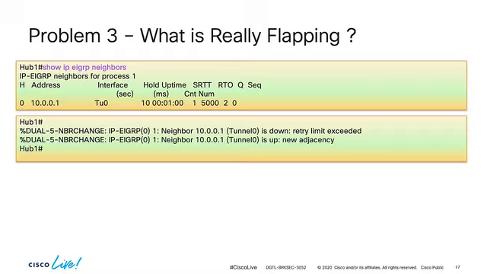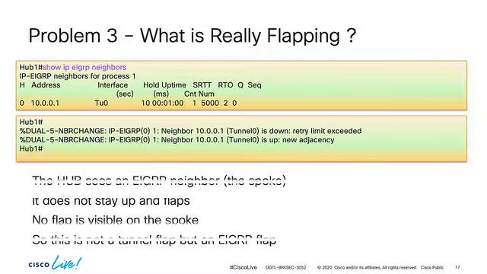So it indicates there is some kind of an issue with the EIGRP neighbor relationship. When we looked at the logs, we see that the neighbor is actually going up and down, and it says very clearly that the retry limit is exceeded.